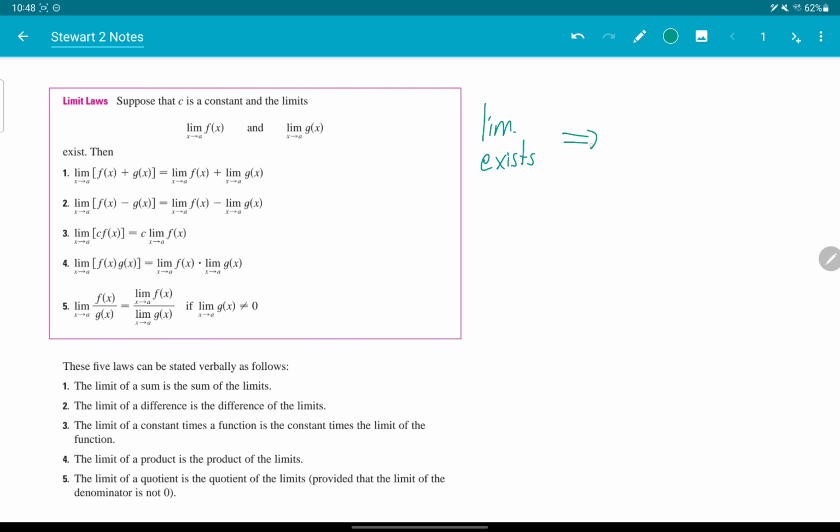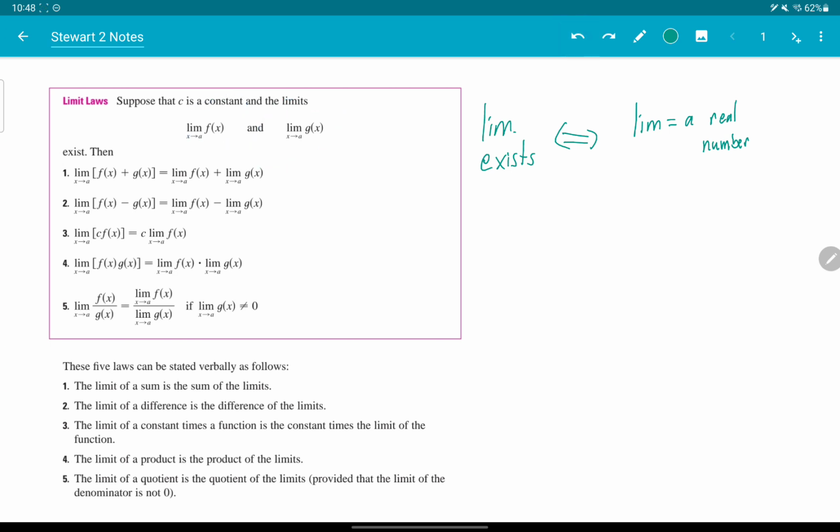That's the same thing as saying lim equals some real number. I like this version better, but anyways. So we're going to insist in laws 1 through 10 that the two limits here exist.